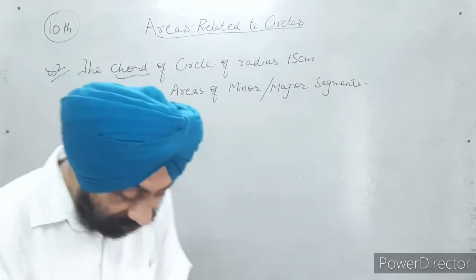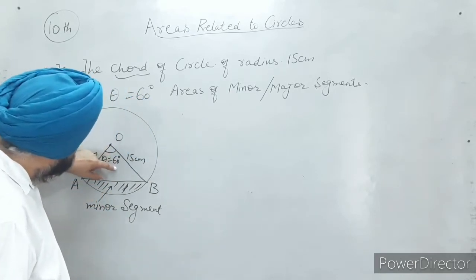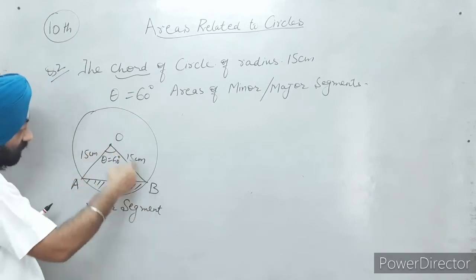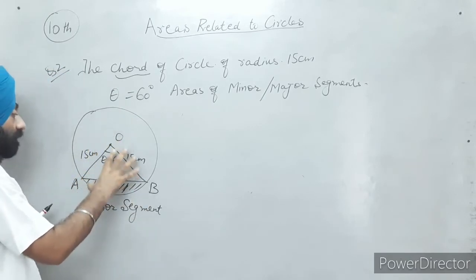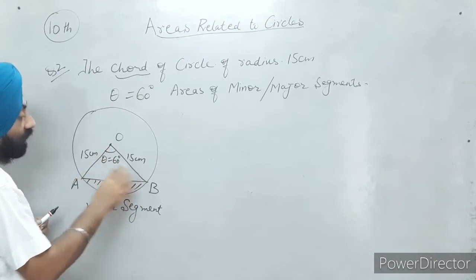Now first of all, let us calculate the area of the minor sector, this sector. What I will do is calculate the area of the minor sector, then subtract the area of the triangle OAB.